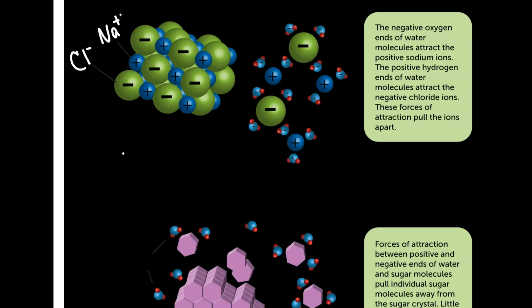So when they dissolve, they do dissociate. They do break apart into their positive ions and their negative ions. So that means that NaCl is an electrolyte, because now these moving charged particles will allow electricity to be conducted through this substance.